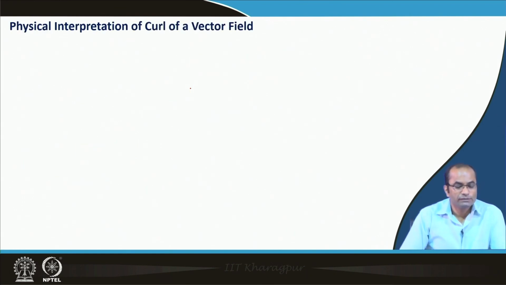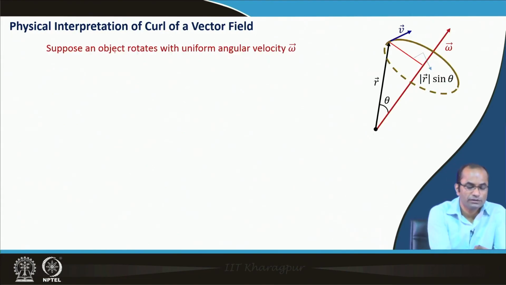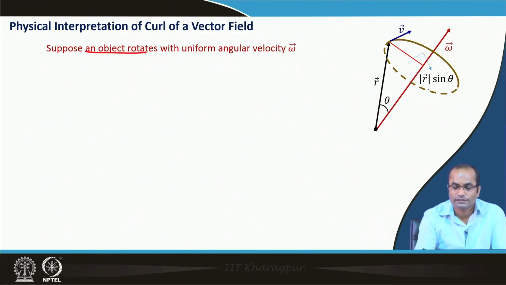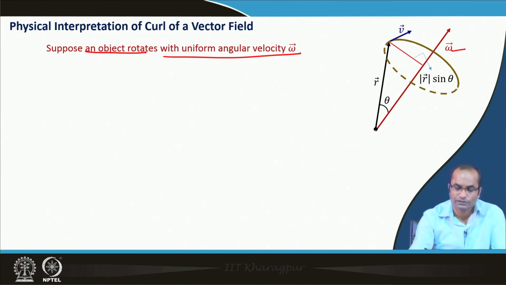So, coming to the physical interpretation of the curl of a vector field, we suppose an object here, it rotates, clockwise or anti-clockwise, in this situation with the uniform angular velocity omega. So, we have the angular velocity given here, we have the tangential velocity, and this is the angle theta with the axis of rotation to this circular path, that is given by the r vector. Then we have this radius of that circular path.